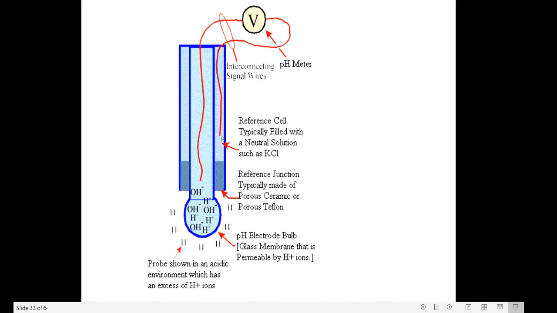In this instrument they have a reference cell that is filled with a neutral solution, a KCl solution. Then reference junctions are there. The pH electrode bulb has a glass membrane. This glass membrane is permeable to hydrogen ions.